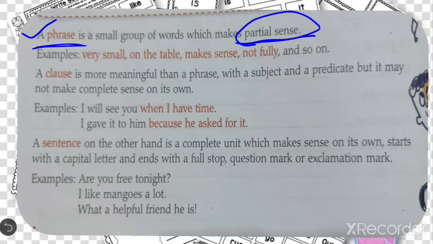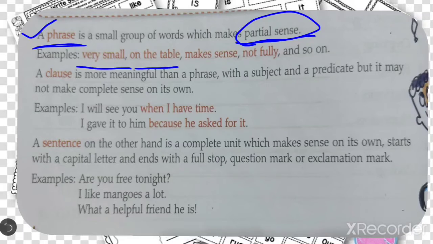It's a small group of words where no subject or predicate is written. Only a small group of words is written, which gives only incomplete sense, incomplete meaning, and these are known as phrases.